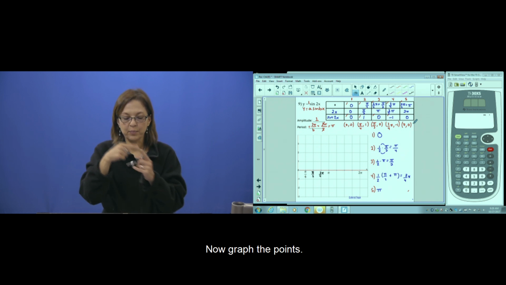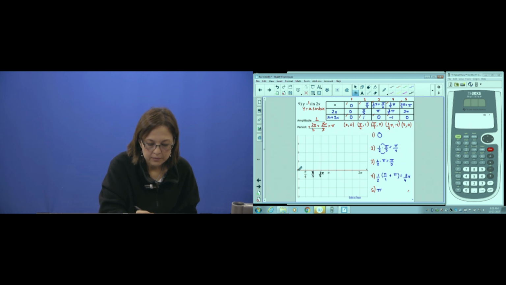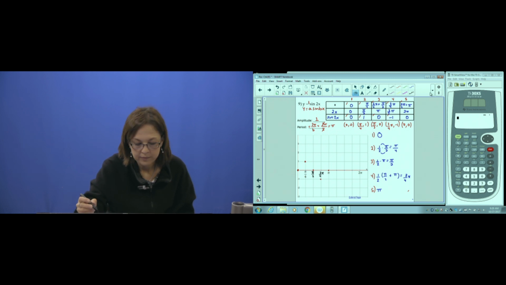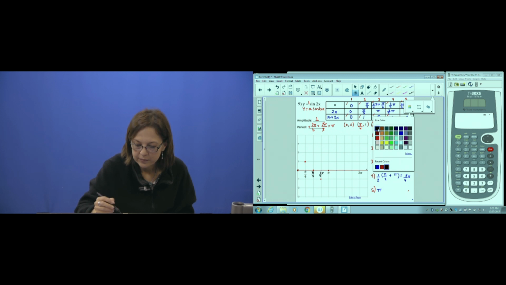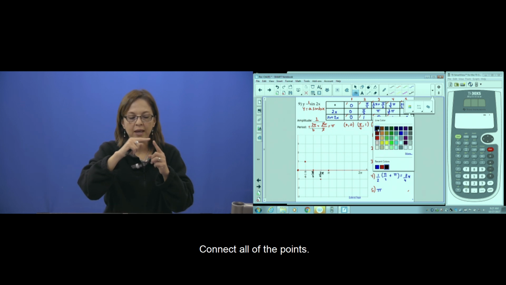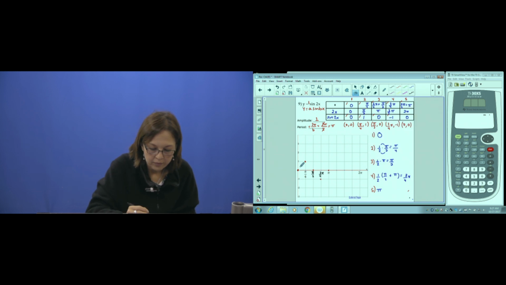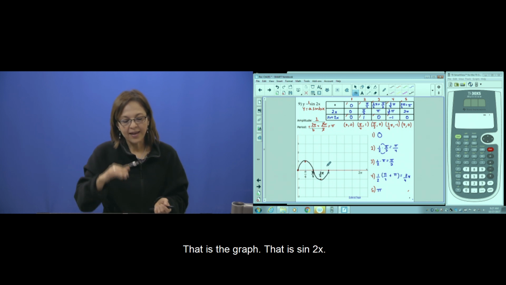Now, graph the points. Connect all the points. And that is the graph.